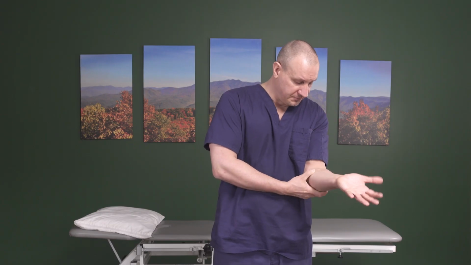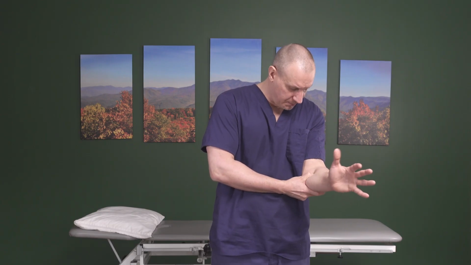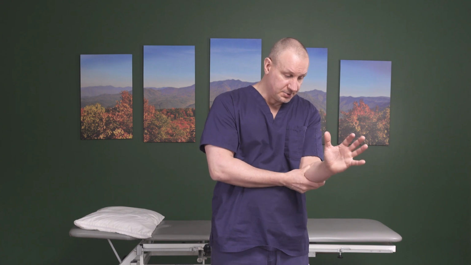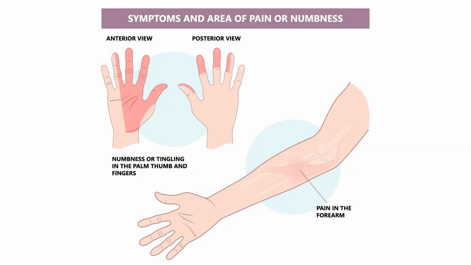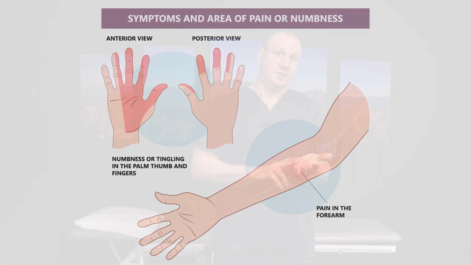And when you activate it or contract it into forearm pronation, you might find that you can reproduce some of the pain in the forearm or referred pain down to the wrist and or hand. As the condition progresses and the anterior interosseous nerve, aka AIN, is compressed, you can get pain and paresthesias into the thumb, index finger, or even slightly into the palm of the hand.